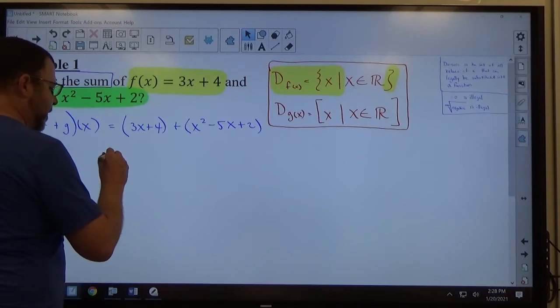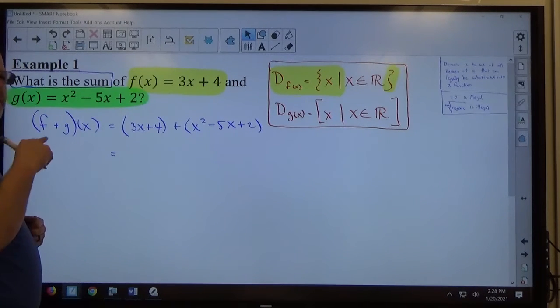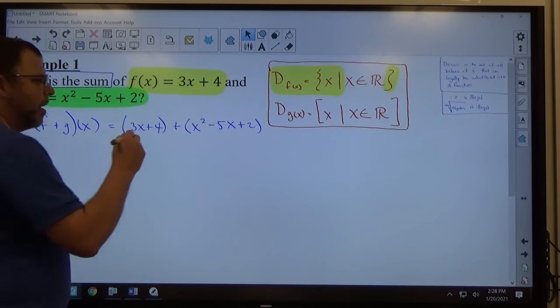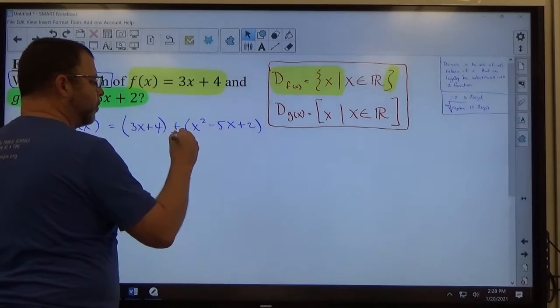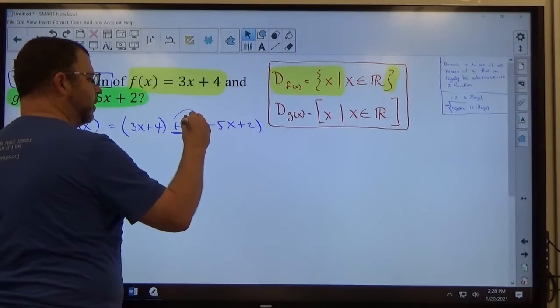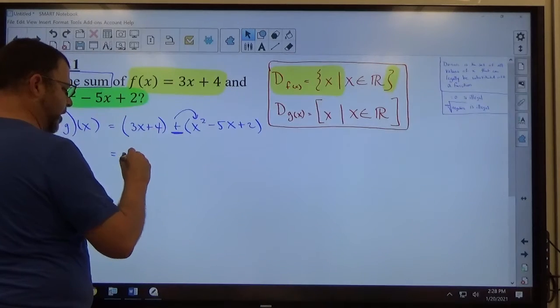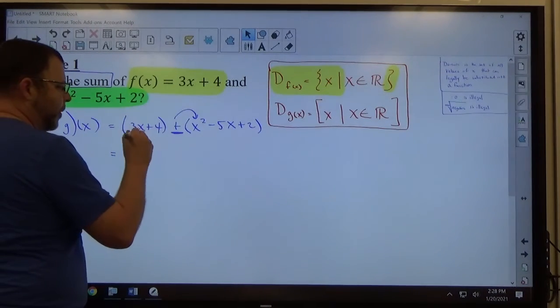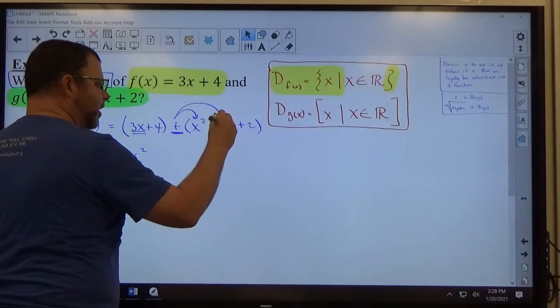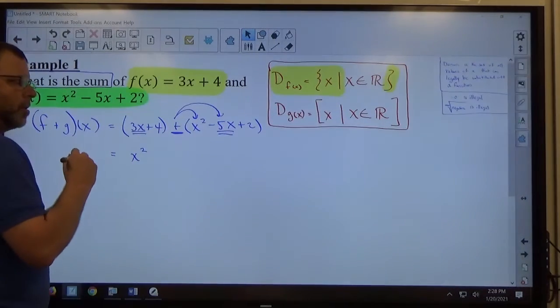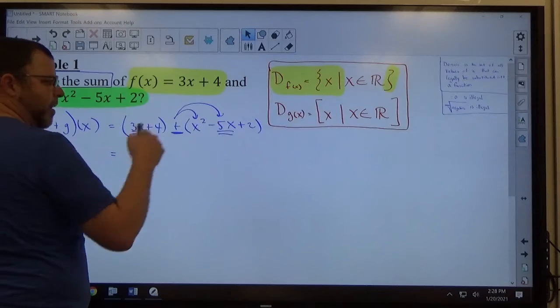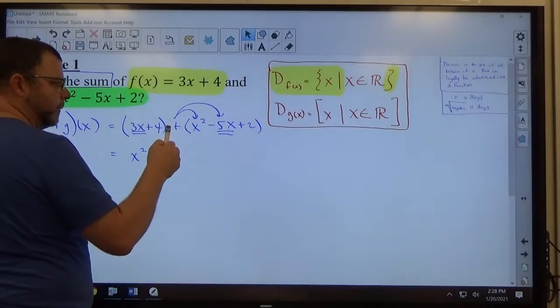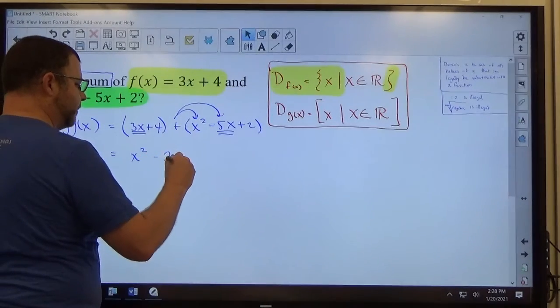So if I simplify this, I like to go in descending order, highest power first. This plus sign is distributing through here. So it's plus x squared, so that's positive x squared, right? That's the only x squared object. I've got 3x plus negative 5x, which equals negative 2x, right?